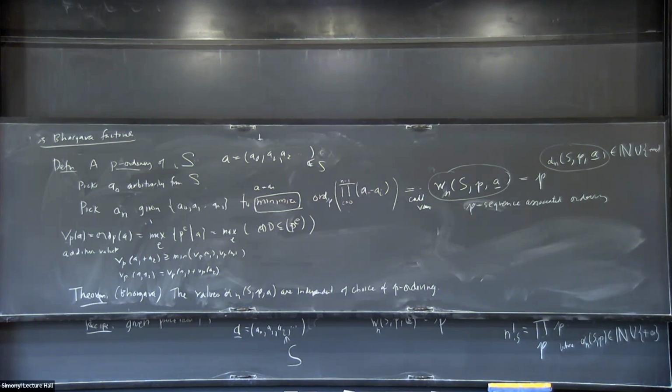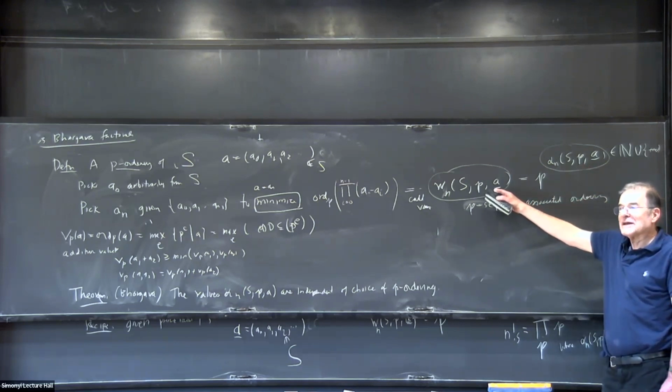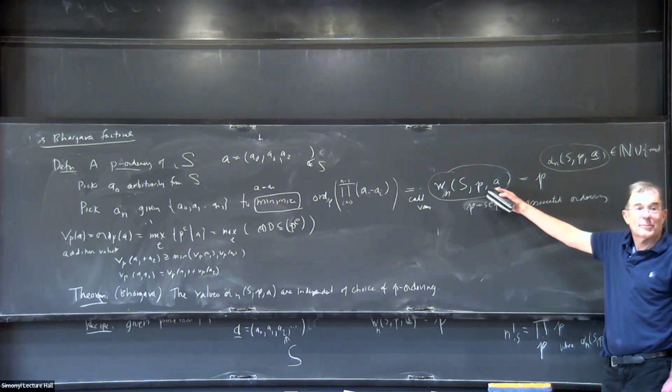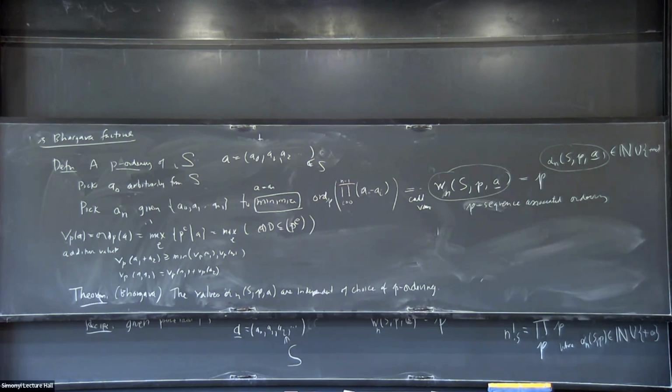And the reason is eventually he succeeds in deducing enough to identify these invariants W sub n of S P A as some particular things inside a ring with a particular property that has nothing to do with the definition of P sequence. So that proves it's an invariant. And in his various papers, there are quite a number of different characterizations by this method that are in terms of pure ring theoretic properties of various sorts.